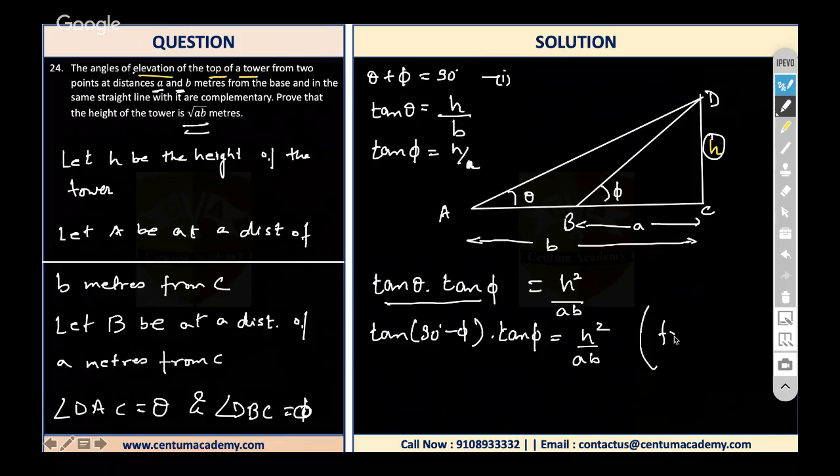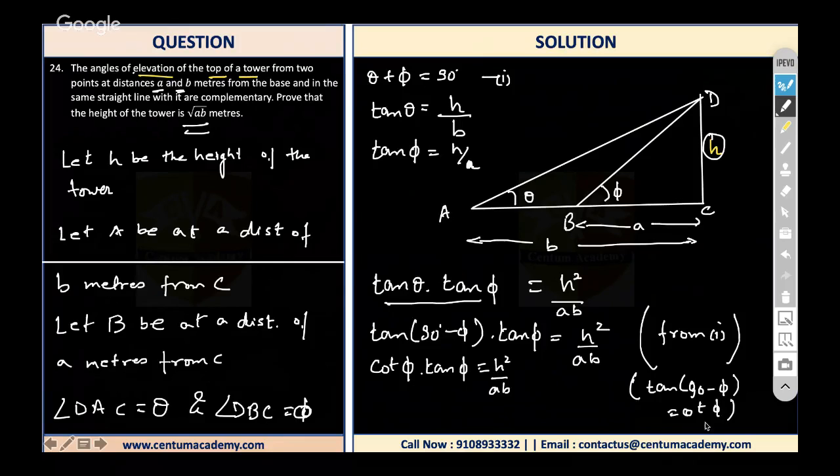Then the next step is cot phi into tan phi is equal to h square by ab, because tan of 90 minus phi is cot phi.